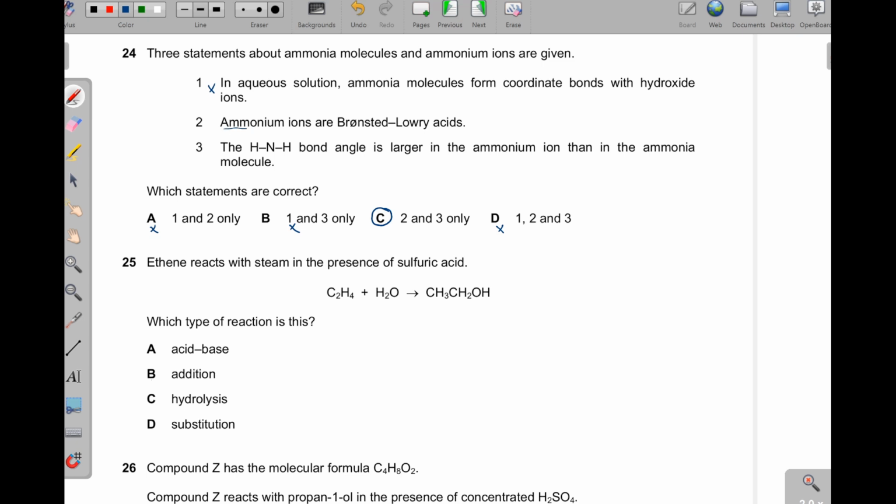Option 2, they are saying ammonium ions are Brønsted-Lowry acids. Yes, that is true, because if you have ammonium ions, this is NH4 plus. We can react this one with a base.